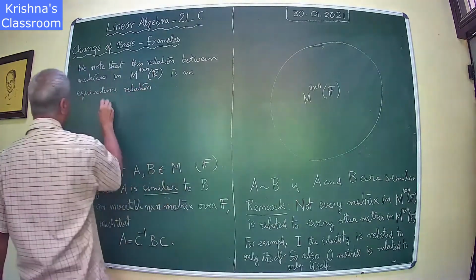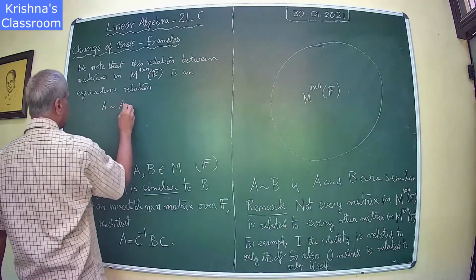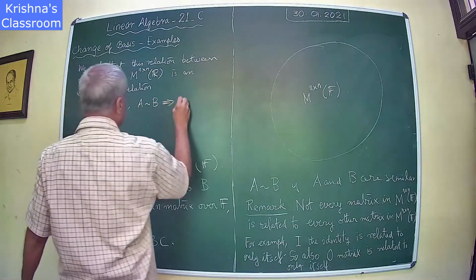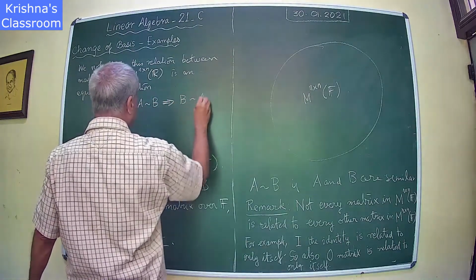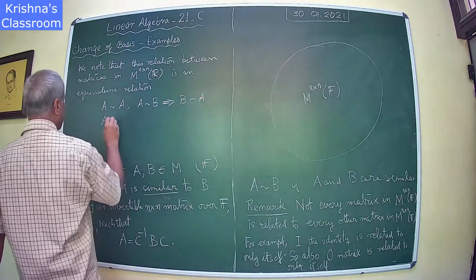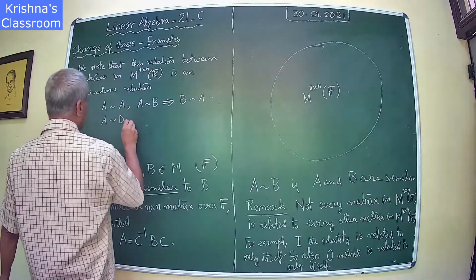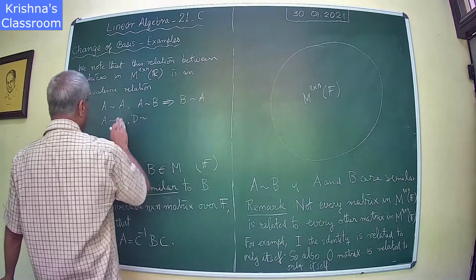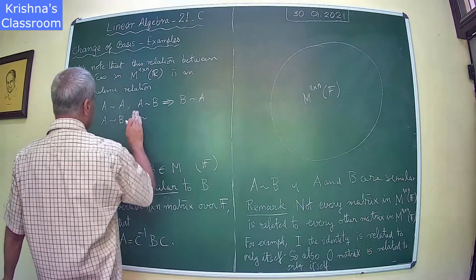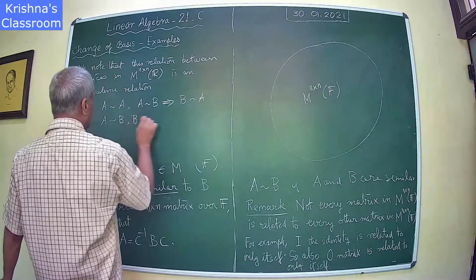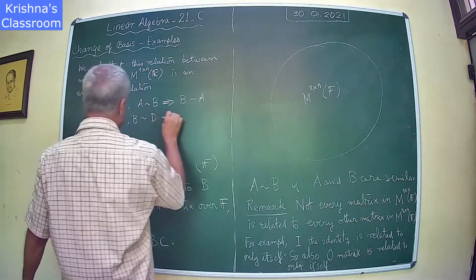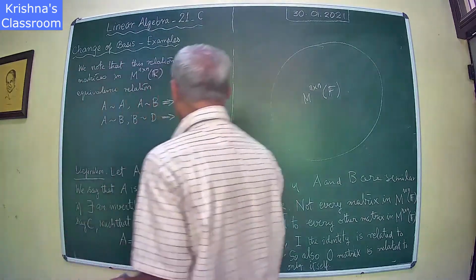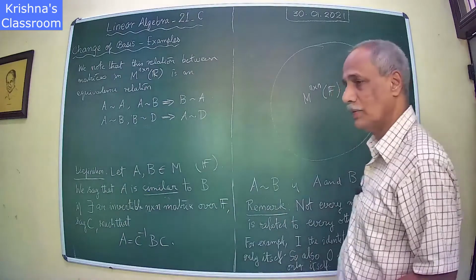That is, A is related to A; A related to B implies B is related to A; and A related to B and B related to D implies A is related to D. I don't mean D diagonal.